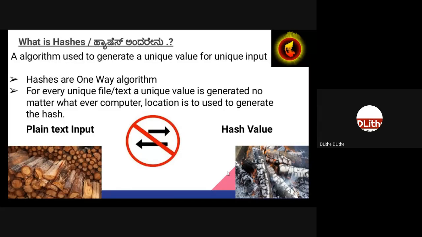As we discussed on the previous day about cryptography, it is a domain that deals with encryption and decryption. I'll come to how to use those things practically after the session. But under cryptography, we come to a concept called hashes. What is a hash? Hashing is an algorithm used to generate a unique value for a unique input.